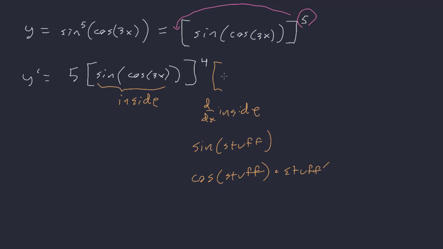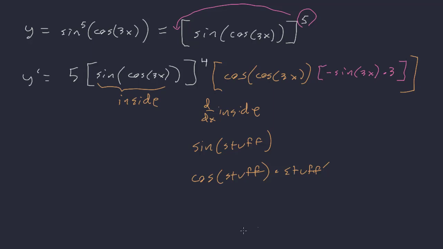Okay, so cosine of the stuff left alone, well, that stuff is cosine of 3x, then times the derivative of that stuff. Well, the derivative of cosine of 3x is going to be negative sine of 3x times 3.